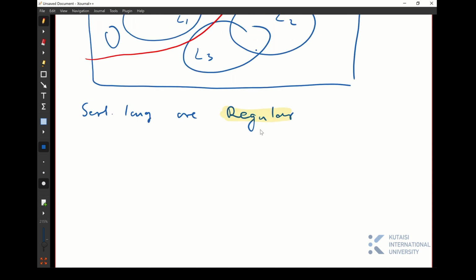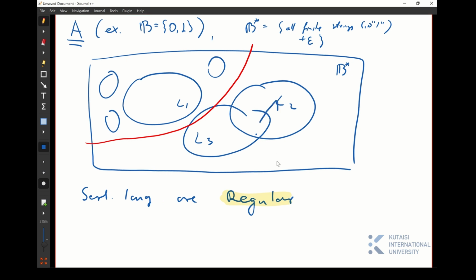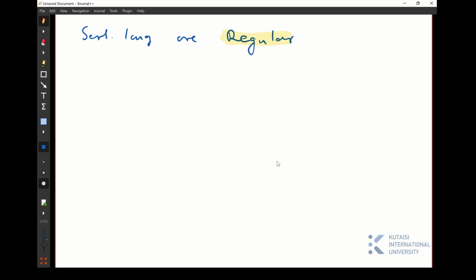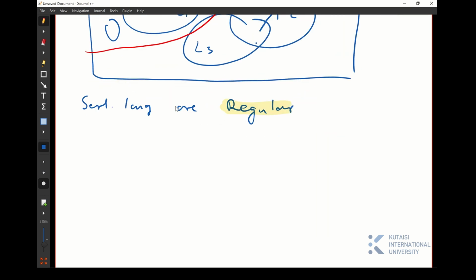Now I'm going to describe regular languages in a different way. The earlier one was a mathematical description: you start with some things and then build them with union, star, and concatenation. Let's give a more computer science description of languages, and then we will prove that this different description also describes the same red class of regular languages.